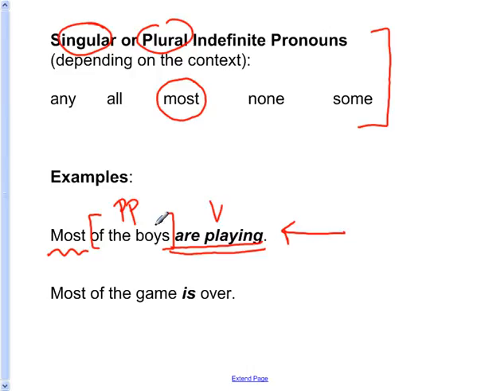The object is plural, boys. Therefore, the indefinite pronoun in this case is plural. So this subject, most, is plural because boys is plural. That's only because it's an indefinite pronoun that could be either singular or plural. So be careful. It's only these 5 words. So therefore, the verb must agree with the plural subject, which is are.